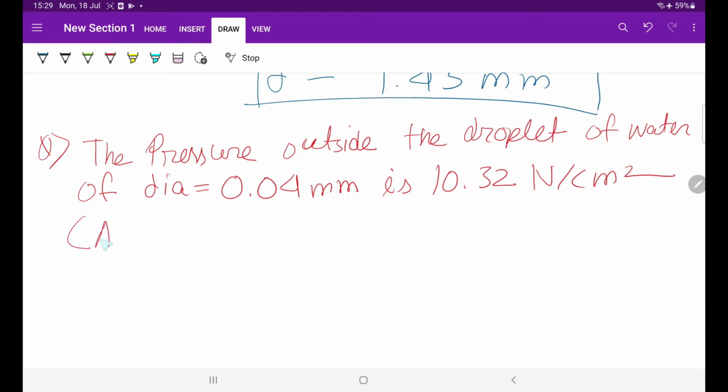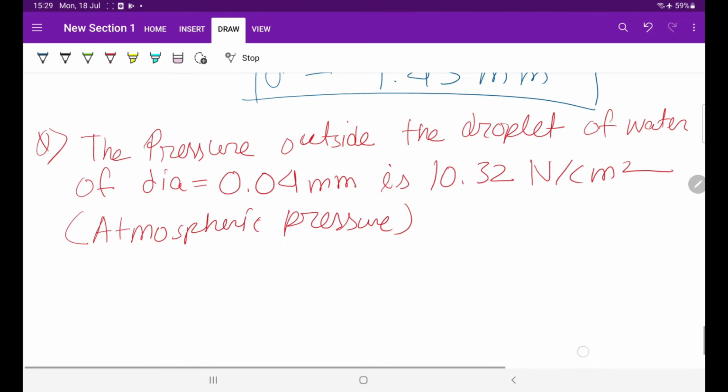Now this is also the atmospheric pressure, okay, which is given. So this is the atmospheric pressure. So dia is given at the atmospheric pressure.